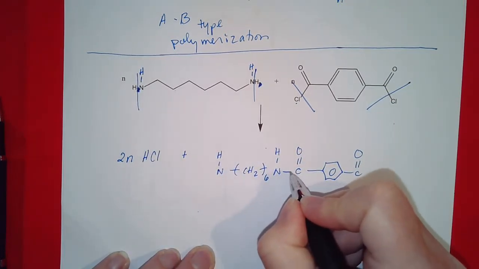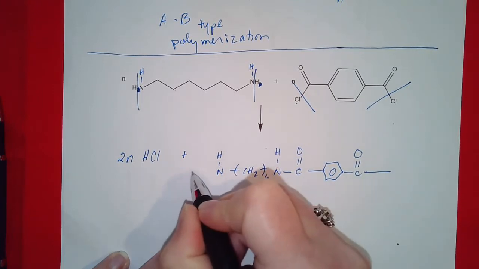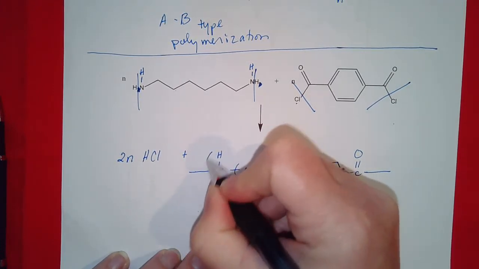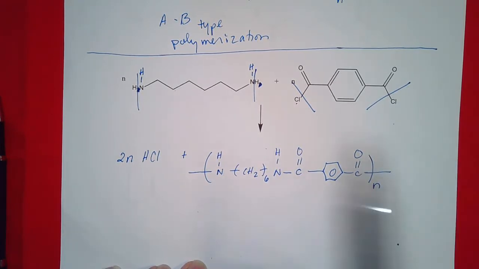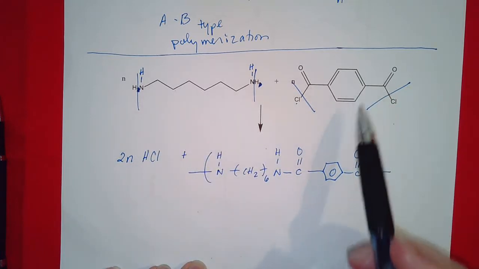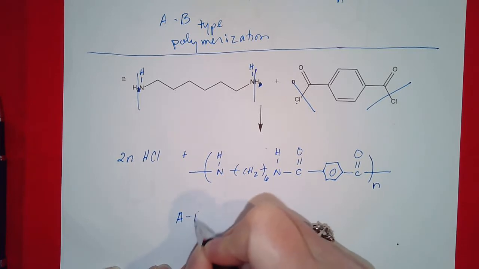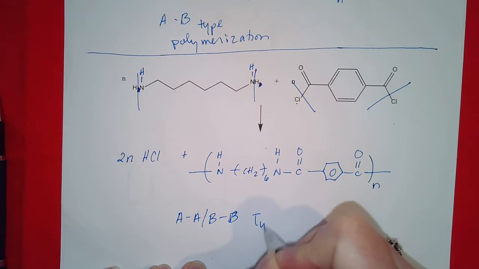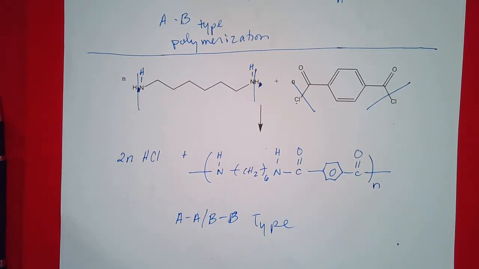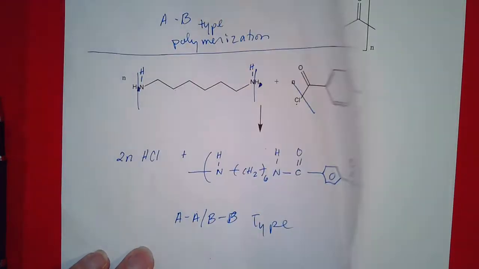So the first one is in the middle. There's the first amide. The second amide bond is this one, the wraparound bond. Okay, so there is the A-A plus B-B type polymerization. Okay, so there's the first question.